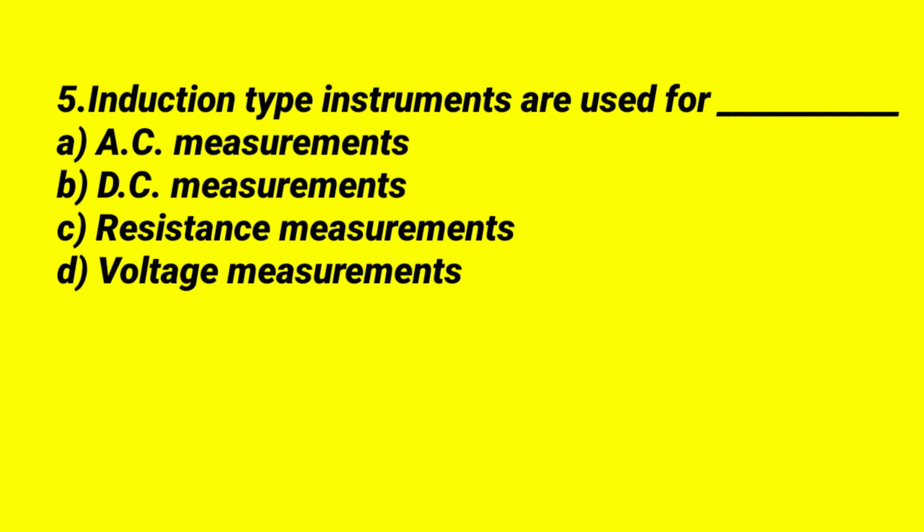An induction type energy meter is used to measure the energy consumed in AC circuits only. Hence, induction type instruments are used for AC measurements only. The induction principle is involved only in AC measurements. Answer is A, AC measurements.